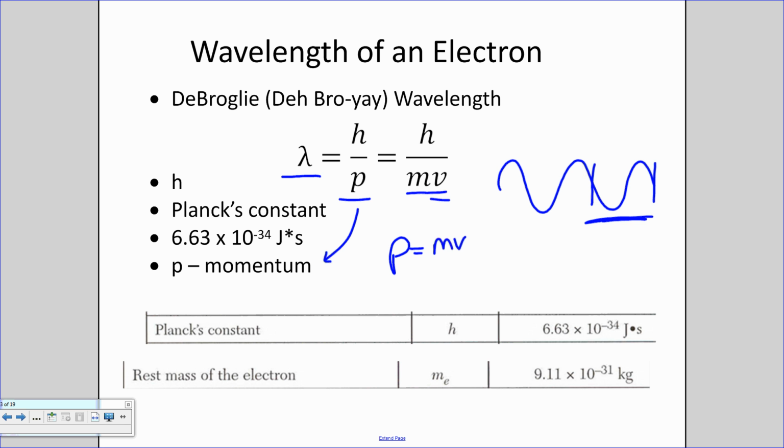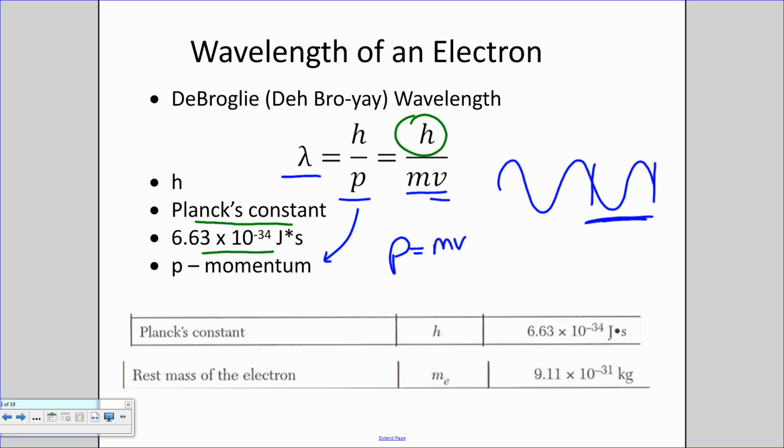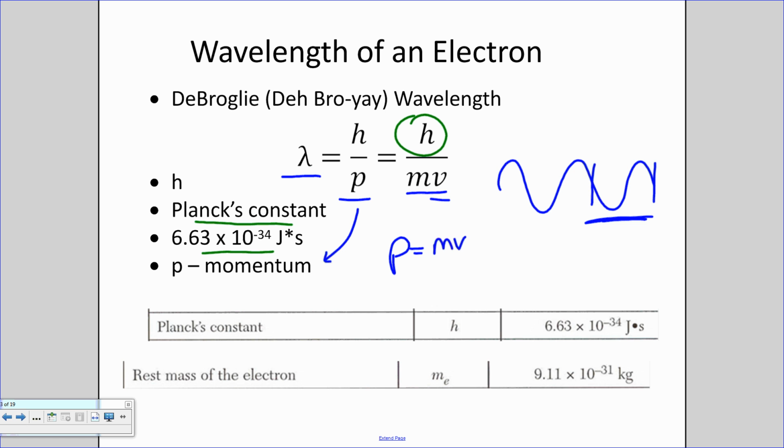It also depends on two constants. h. We're going to be seeing a lot of h. h is known as Planck's constant and is 6.63 times 10 to the negative 34 joule-seconds. That's its unit. You can find it on the first page of your reference table.